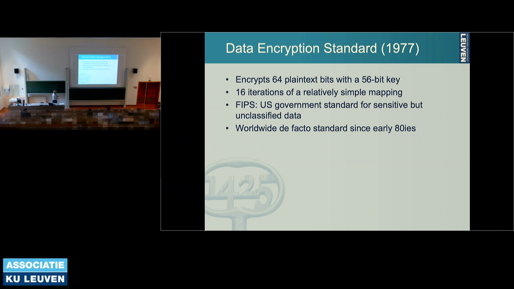So it started its life as a FIPS standard, which means standard of the United States government for protection of data that is sensitive but not classified. But in practice, it has been used everywhere in the past, because it was the only standard for encryption. So everyone copied it in his own standard.